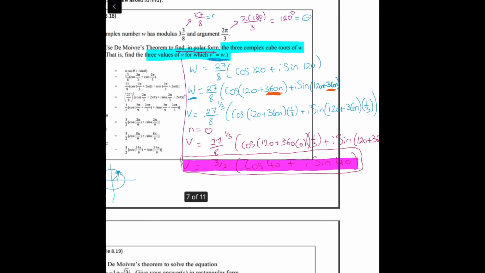Right, next thing I have to do is change my color, and then I'm going to do n equals 1. And when I do n equals 1, I'll have v is equal to 27 over 8 to the power of 1/3. I'll have cos 120 plus 360, and instead of n, I know I'm putting in the number 1. I keep my 1/3, and I do the same with the sine: 120 plus 360 times 1, and I'm multiplying all of that by 1/3.